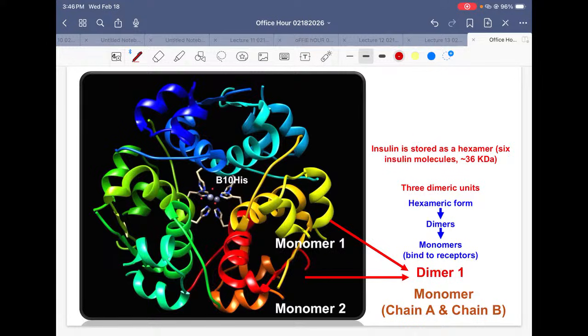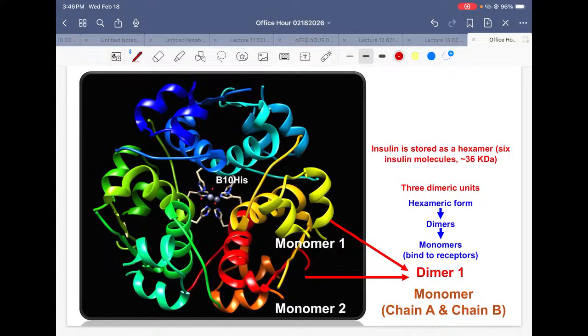So each part of the monomer, one monomer binds one zinc, another monomer binds another zinc, and then they form this complex, and then more and more. So a total of 6 of them group together, and they stay a complex.